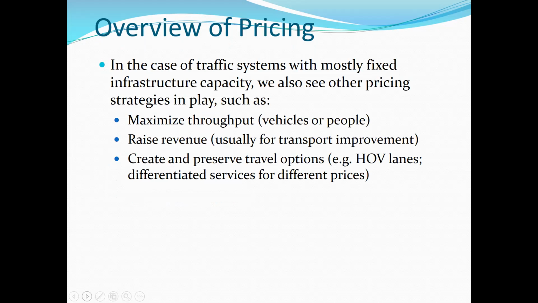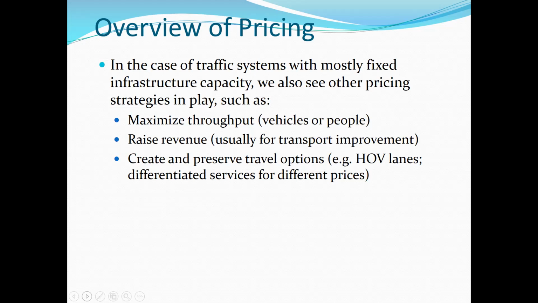In the case of traffic systems with mostly fixed infrastructure capacity, where you cannot just willy-nilly add capacity, we see some other pricing strategies in play as well. They might include maximizing throughput in terms of vehicles or people, and raising revenue. Usually for transportation improvement, you want to raise revenues.